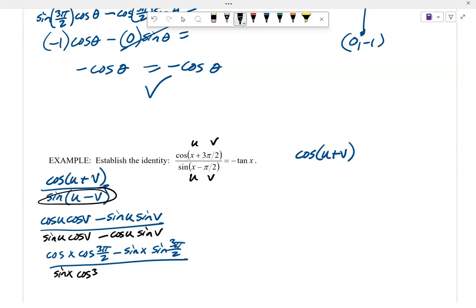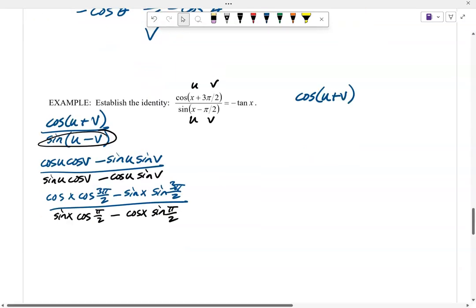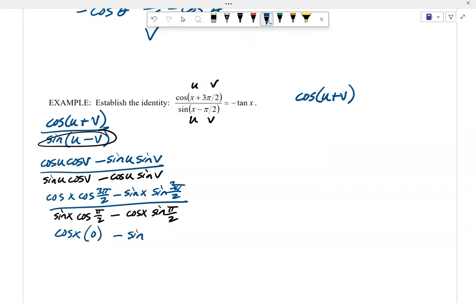I'm sorry, on the bottom my v is pi halves, minus cosine x, and then sine pi halves. So we've got cosine x. I know the cosine of 3 pi halves is 0, so that'll clear that out. Minus sine x. I know the sine of 3 pi halves is -1.